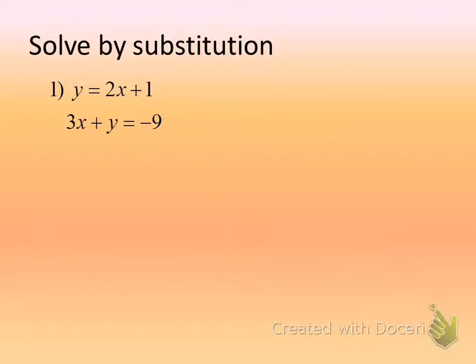So number one, solve by substitution. We have a system of equations: y equals 2x plus 1, and 3x plus y equals negative 9. Now if you follow your steps, you know that you're supposed to make one equation solved for one variable.